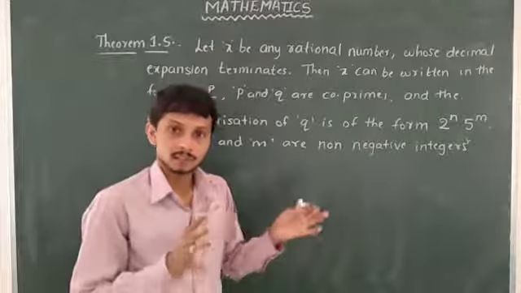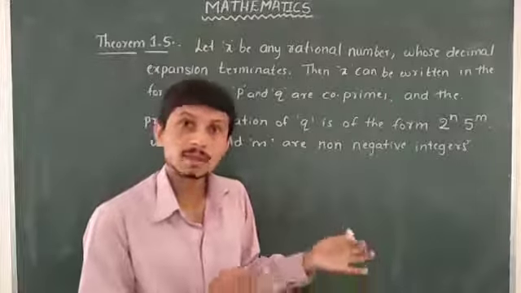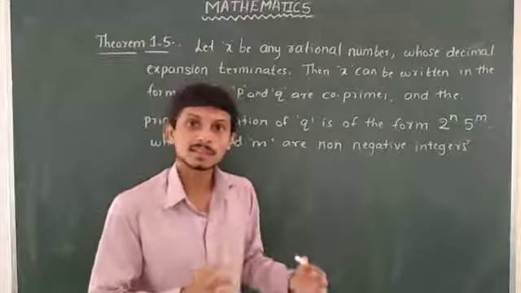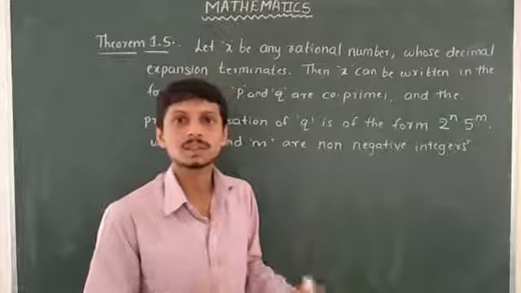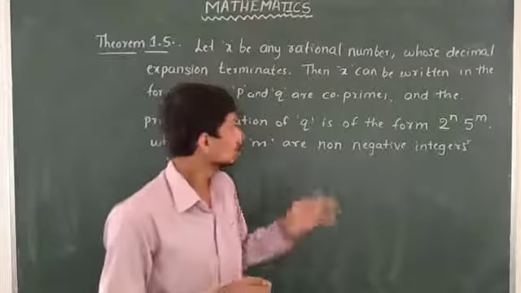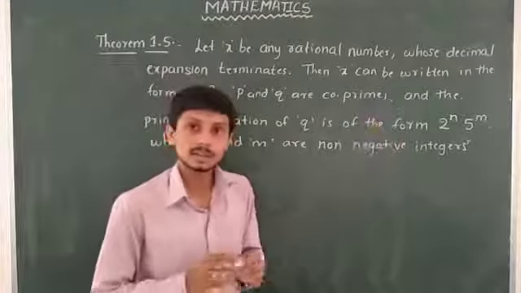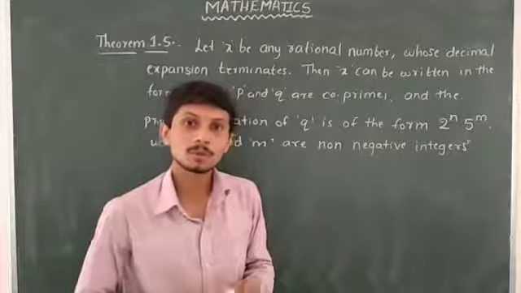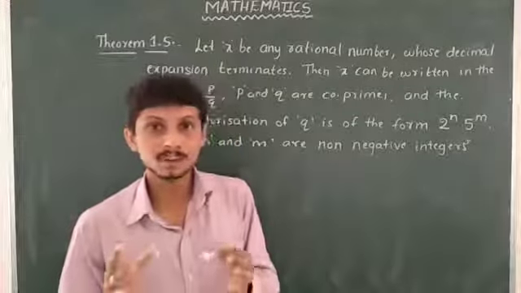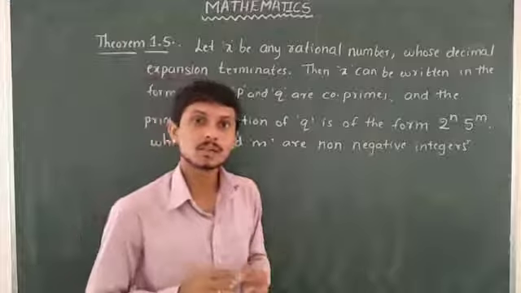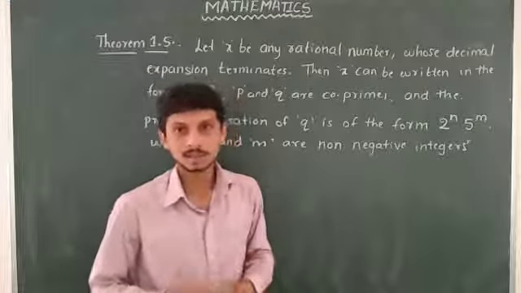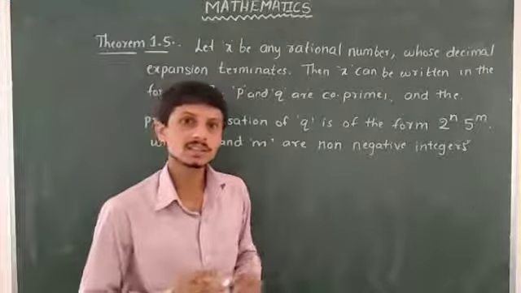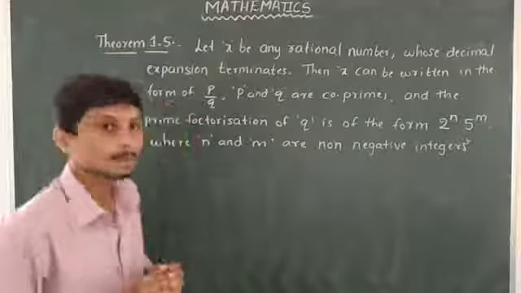That means if x is a rational number whose decimal expansion terminates, then the denominator of p by q can be expressed in the form 2 raised to n into 5 raised to m, where n and m are non-negative integers. So this is the statement of theorem 1.5.